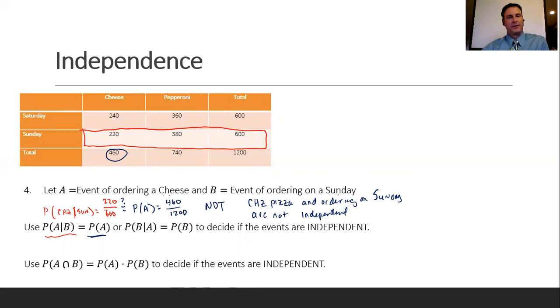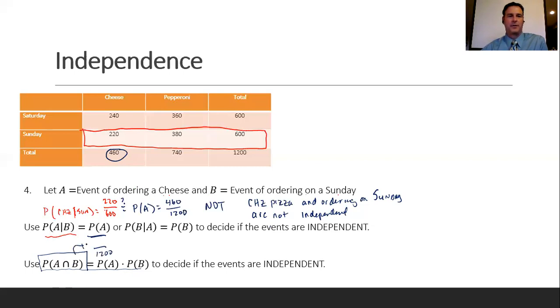Another way to do it is by using this formula for a test, and I'll do this part in blue. P of A and B. So this is a second test. Depends on which information they give you to help you decide which formula you'll use, but sometimes there's enough where you can do it either way. P of A and B is going to be out of 1200.